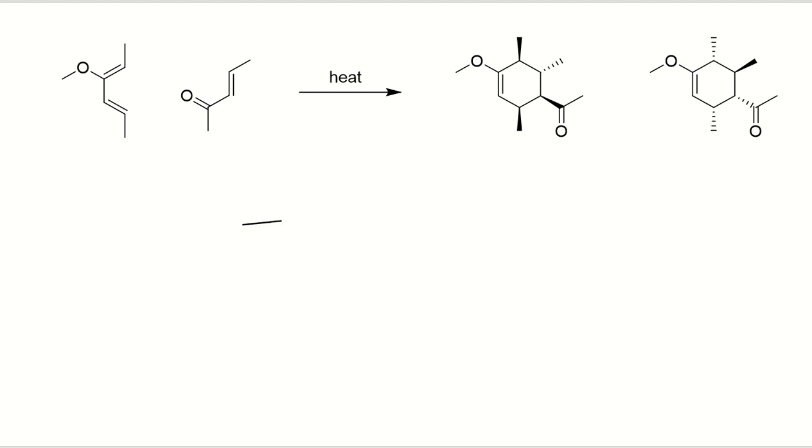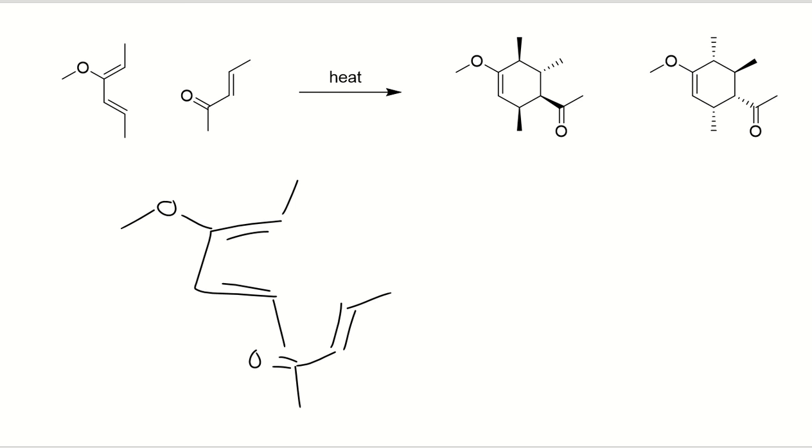If I were to try to draw this in semi 3 dimensions, we have our diene here, and we have our dienophile approaching down here, where there's the ketone and there is the methyl group. What's going to happen is we're going to form the new sigma bonds, which I'm going to indicate in red.